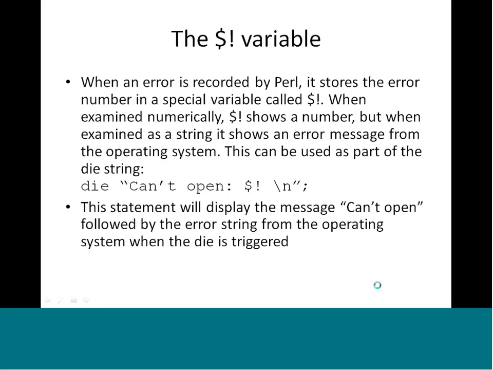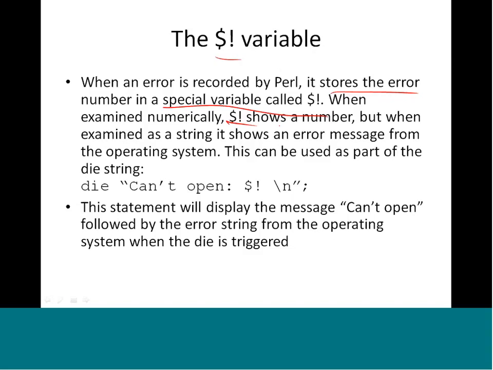Now I want to introduce you to a new variable, which is $!. When an error gets recorded by Perl, that error gets stored in a special variable called $!. When it is examined numerically, $! shows a number, but if you examine it as a string, it shows the error message from the operating system.